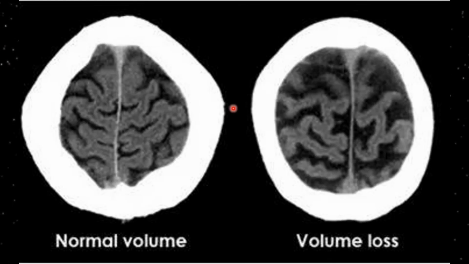Anterior to the central sulcus there is the precentral gyrus, and posterior to it is the postcentral gyrus. So here on these images you can appreciate the central sulcus.